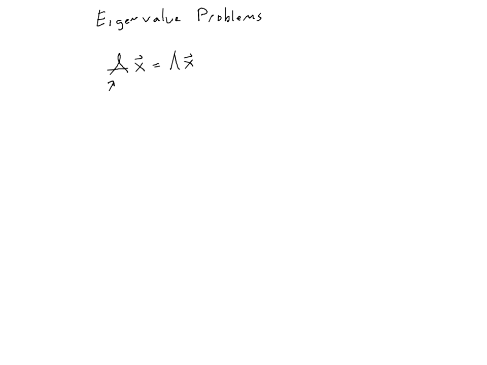So these are the parts: the operator, these two are the eigenvector, and this is the eigenvalue.